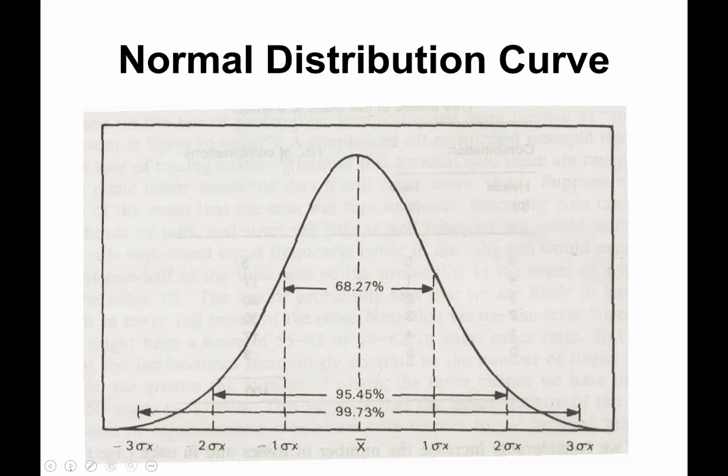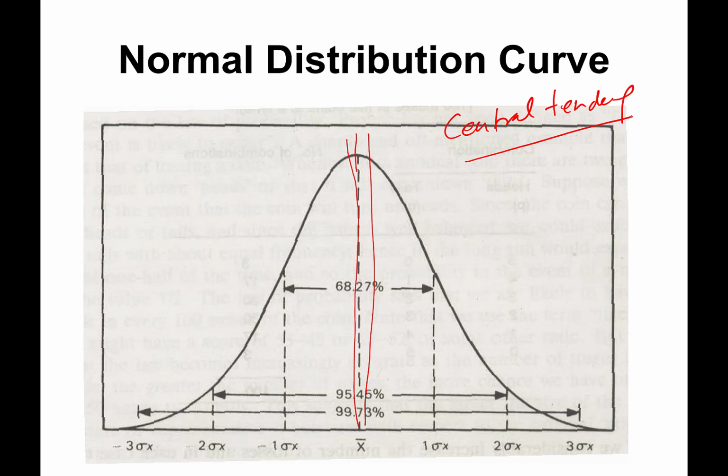So this normal distribution curve is characterized by two things. One is the central tendency of the data, where most of the data is trying to fall in. That is obtained from the average.